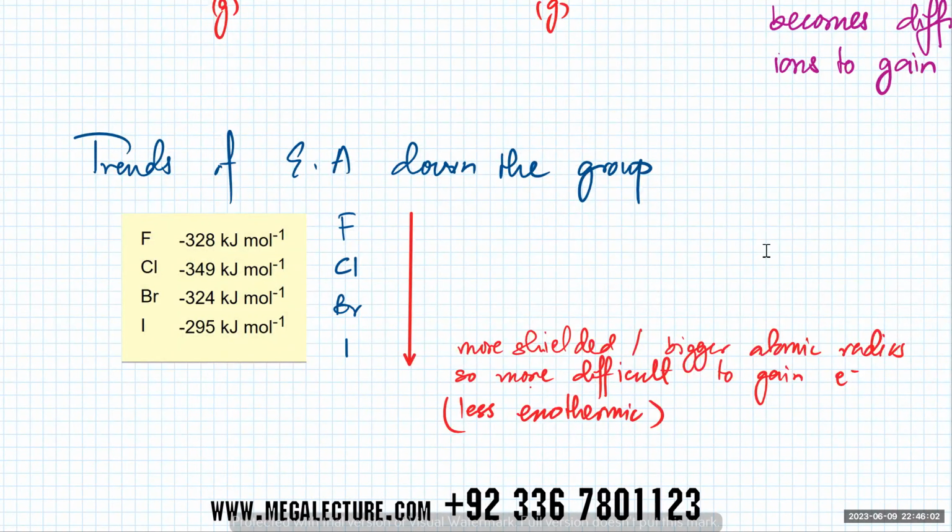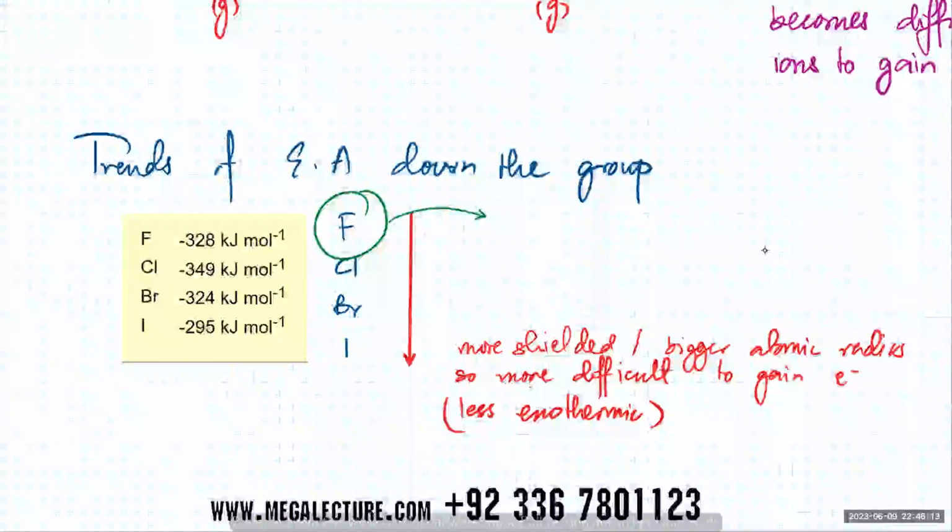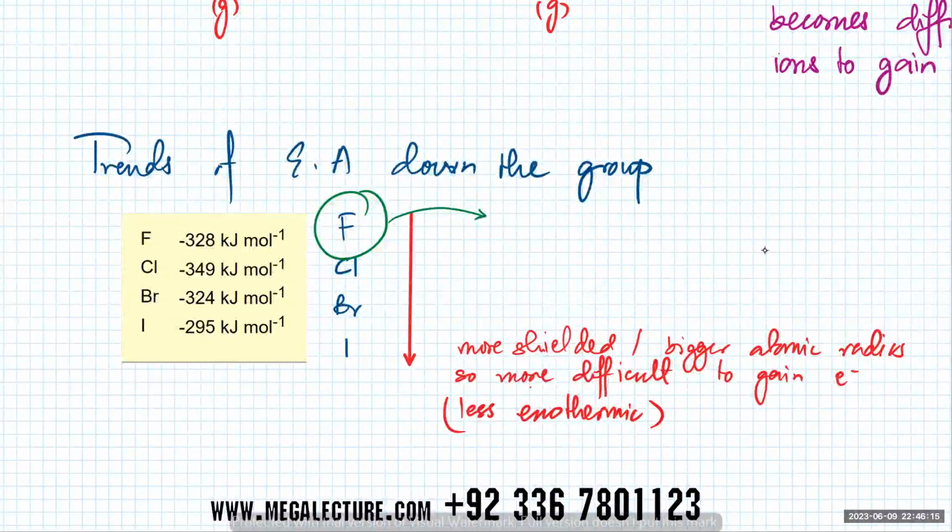Now, it is decreasing. It is becoming less exothermic. There's one exception, and that exception is fluorine. So you can see that fluorine is slightly less exothermic compared to chlorine.